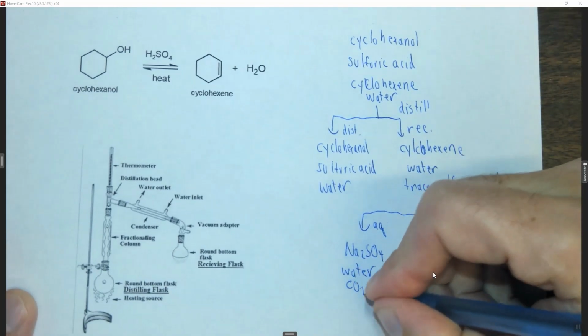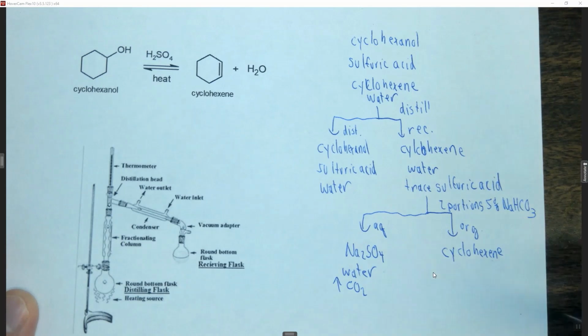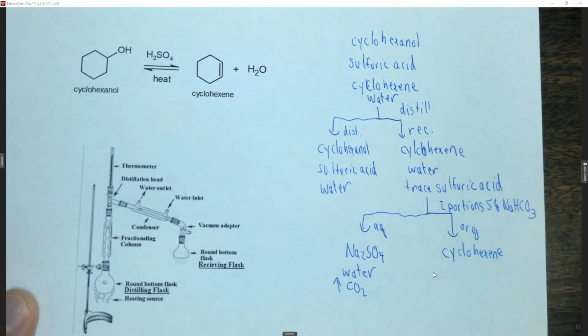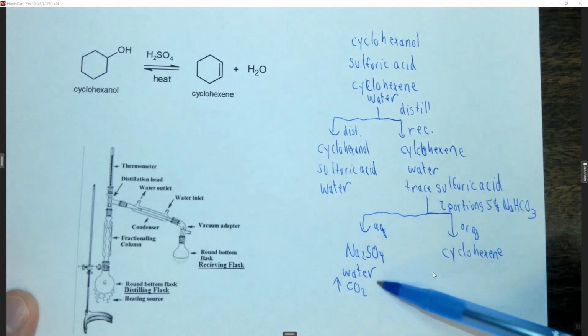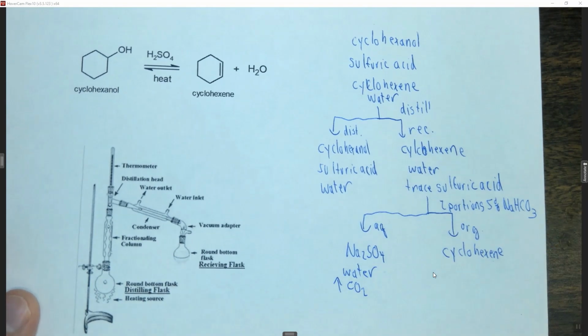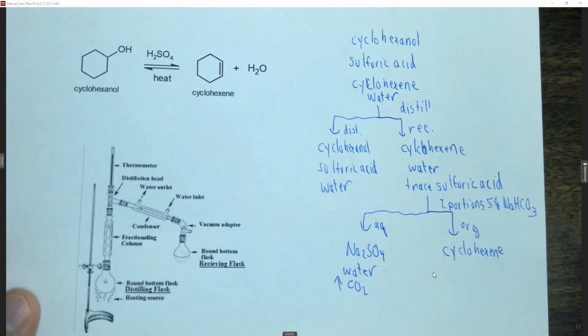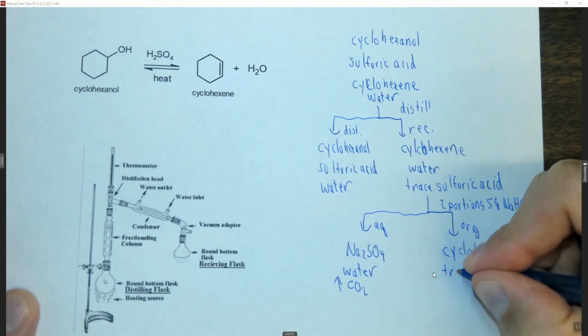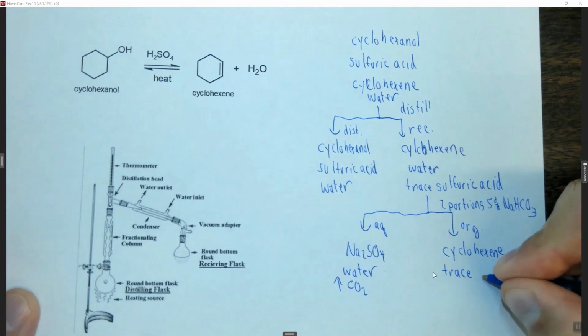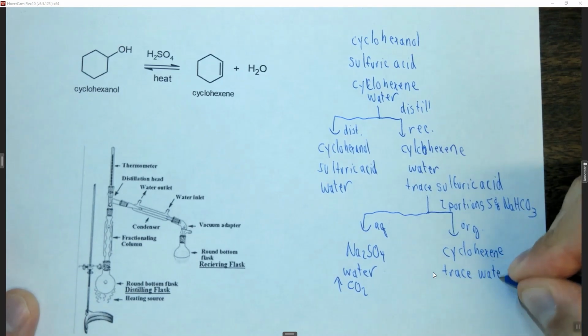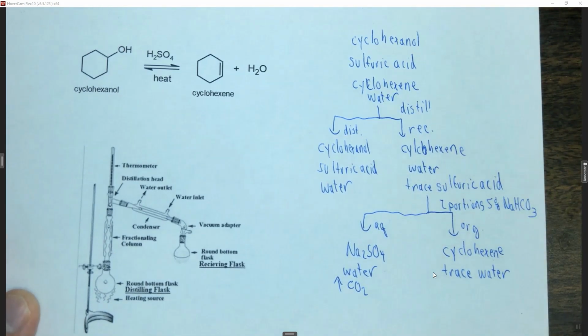You may have carbon dioxide bubbling out, okay, of the solution if there were some sulfuric acid. Again, do you need these here? Maybe, maybe not. There's not one right answer here. So that's, basically that. Now over here you have the cyclohexene, but because you did a liquid-liquid extraction, you certainly have traces of water in your product.